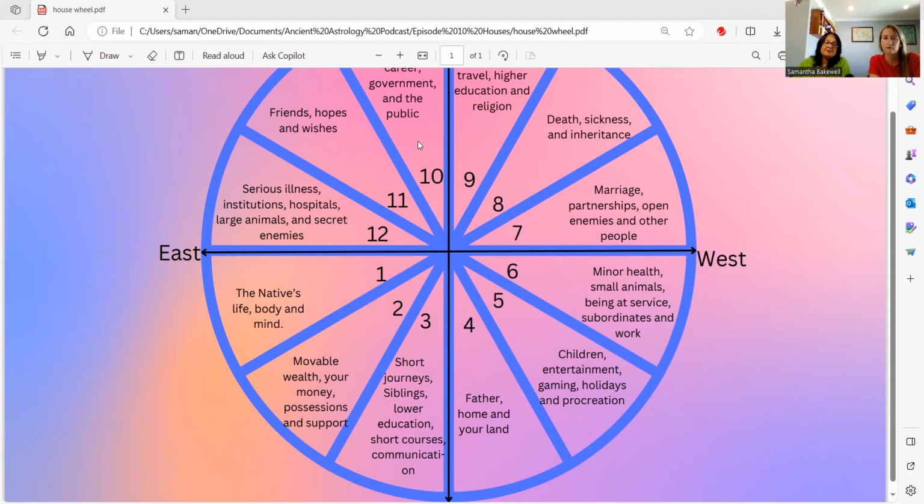Planets in those houses are capable of 100% of their energy. So they're strong. They can deliver whatever they're meant to deliver. And the 2nd, 5th, 8th and 11th houses are called succedent houses, and these houses are capable of 50% of their energy.